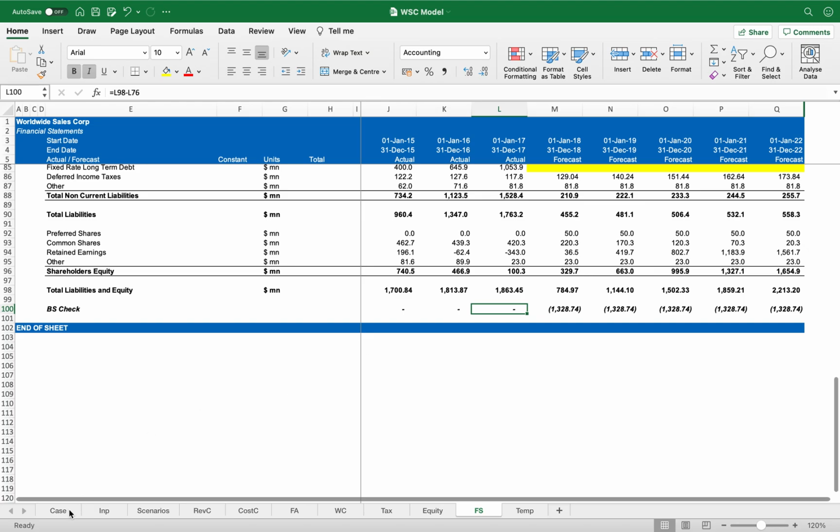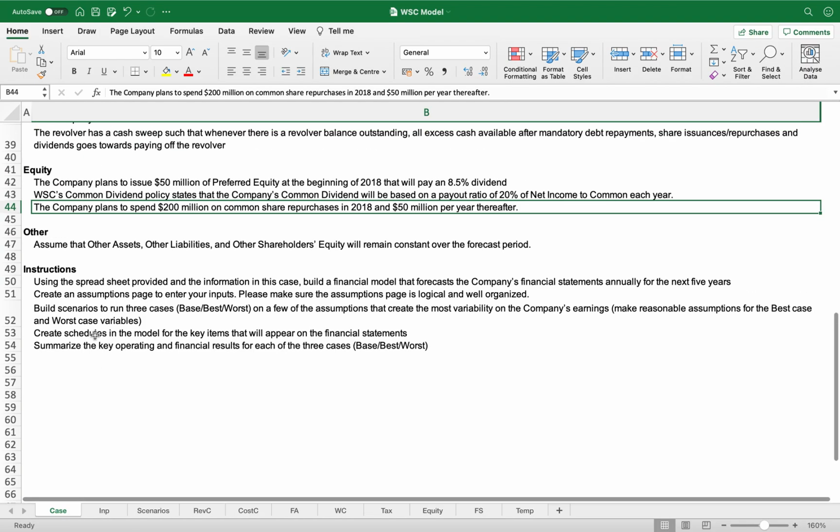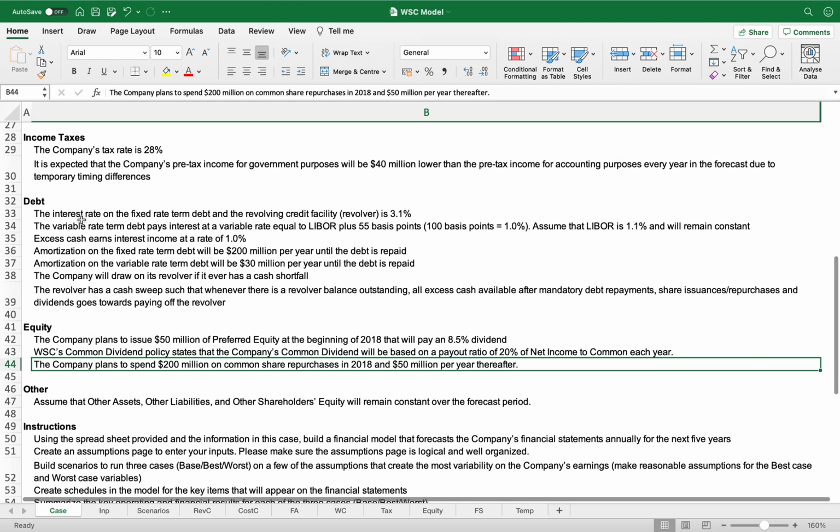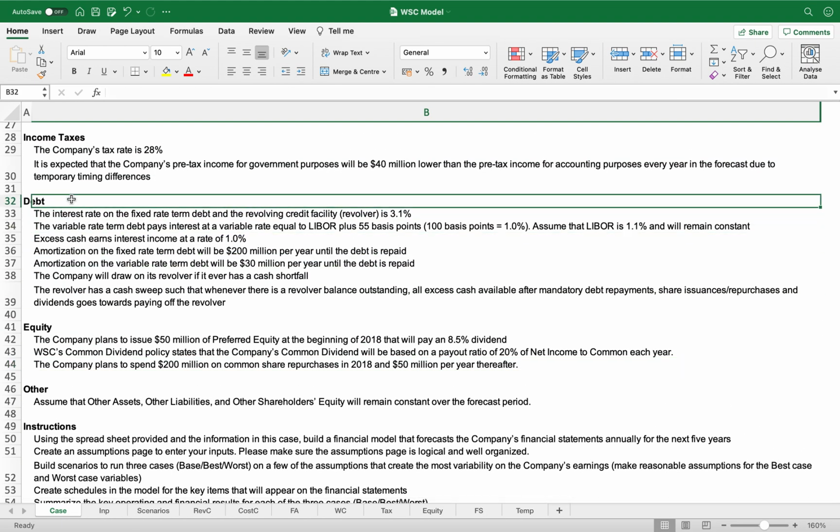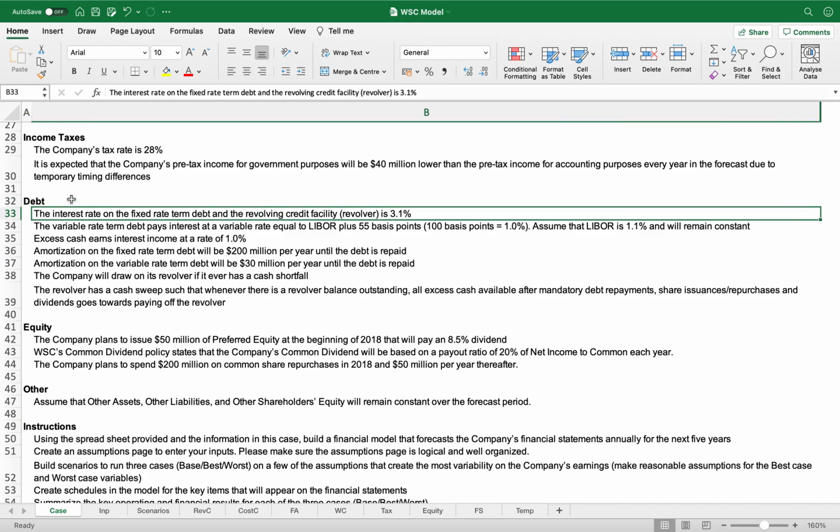Okay, let's come to the case study and look at the last thing that we need to do, the debt assumptions. Now we are given the interest rate on fixed rate term debt. What is the difference between fixed rate and variable rate?